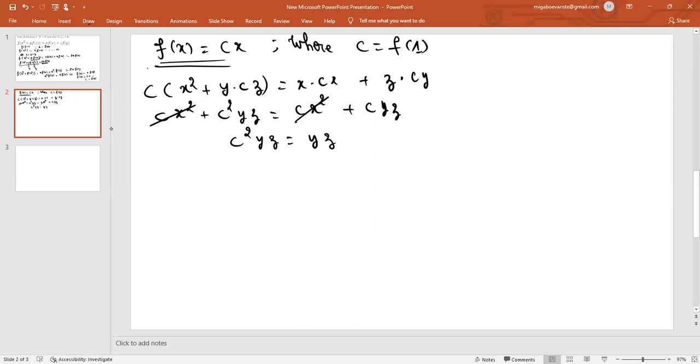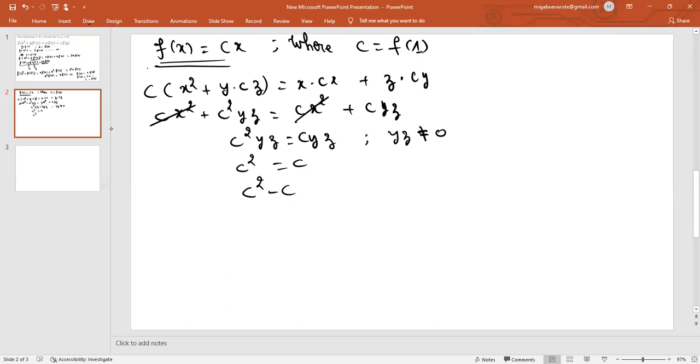Now, since this is true for all y, z, we can divide both sides by yz, in case yz is not 0. Then we get c squared equals c.